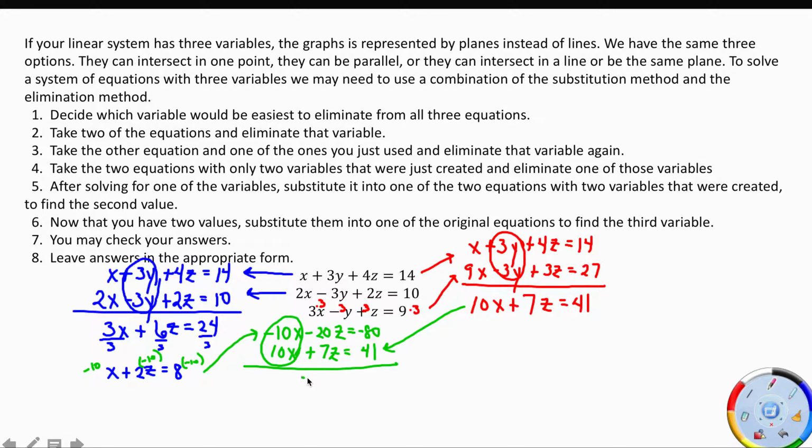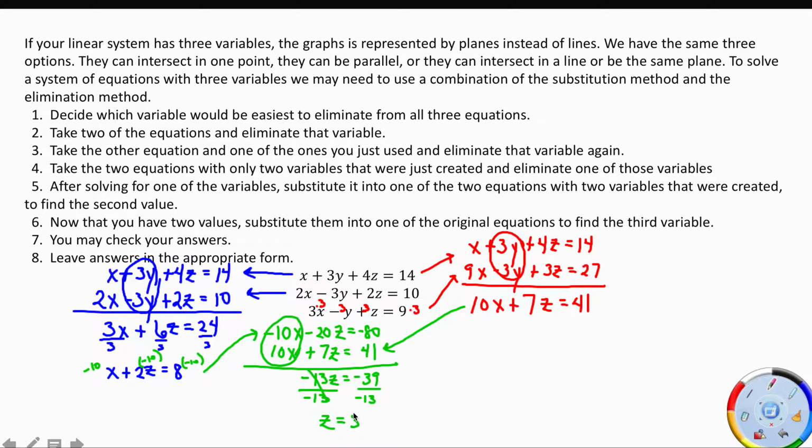Then I wind up with negative, oh wait, can't add for some reason right now. 20 minus 7 is 13. Negative 13z equals negative 39. And I worked it down to one equation with one variable, so I know z is 3.